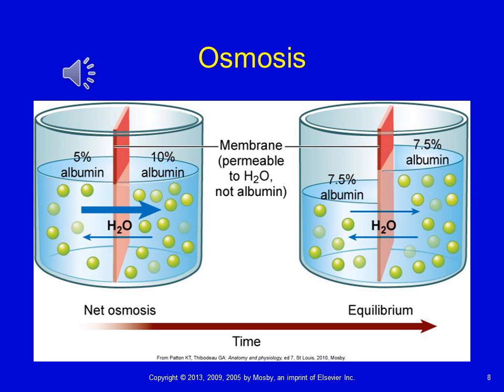If the particle concentration in the interstitial compartment changes, osmosis occurs rapidly and moves water into or out of the cells to equalize osmotic pressure. For example, when a hypotonic solution, more dilute than normal body fluids, is administered intravenously, it dilutes the interstitial fluid, decreasing its osmotic pressure to below intracellular osmotic pressure.